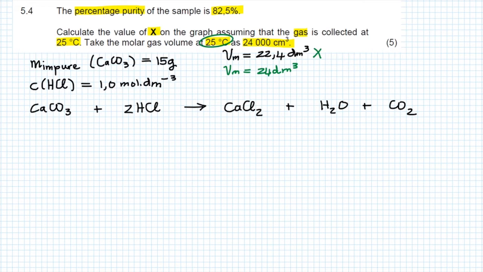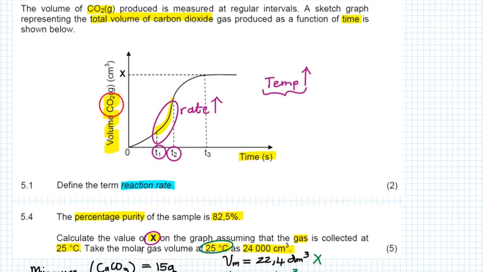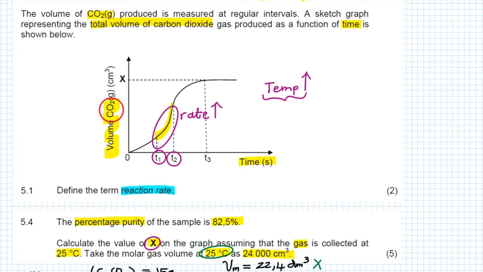So in order to determine the amount of carbon dioxide that is going to be collected or produced, we first need to go to the graph and see what exactly is happening at X. If we look at X, we see that this is the time or the part of the reaction where the reaction is complete.